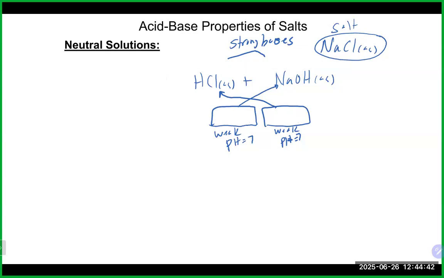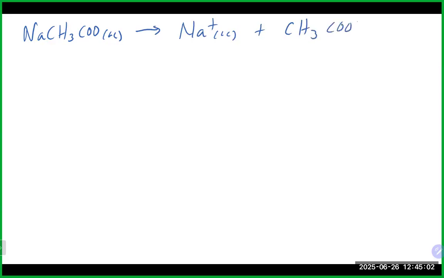Now let's take a salt that maybe will do something. Let's take a salt like sodium acetate. If we take a salt like sodium acetate, when it breaks apart, it's going to break apart into a sodium ion and an acetate ion. So if I had to take a reasonable guess as to where my salt came from, if it makes acetate, the acid probably would be acetic acid.